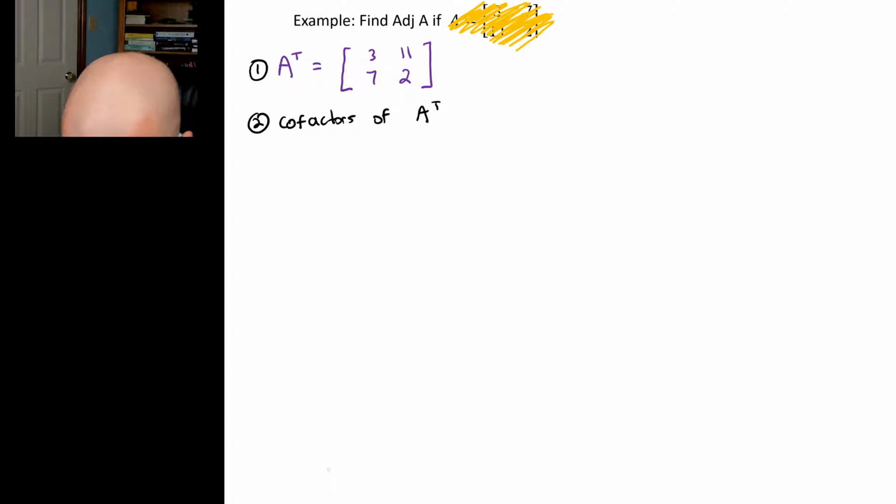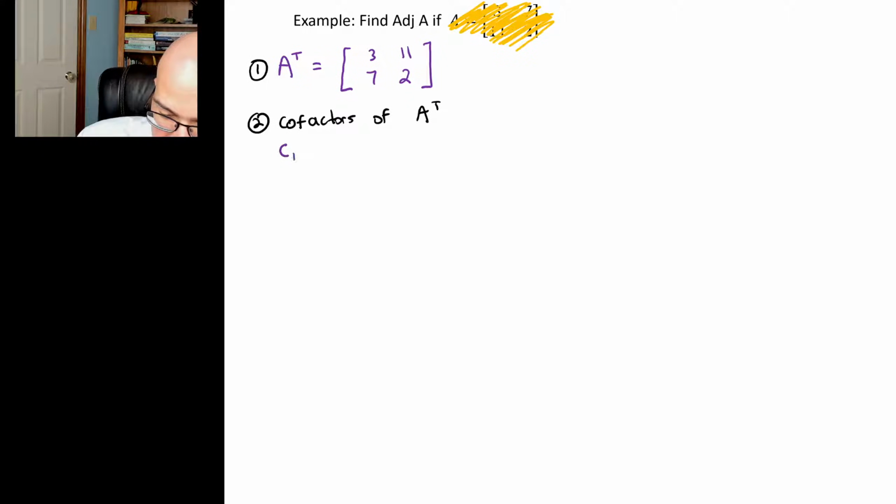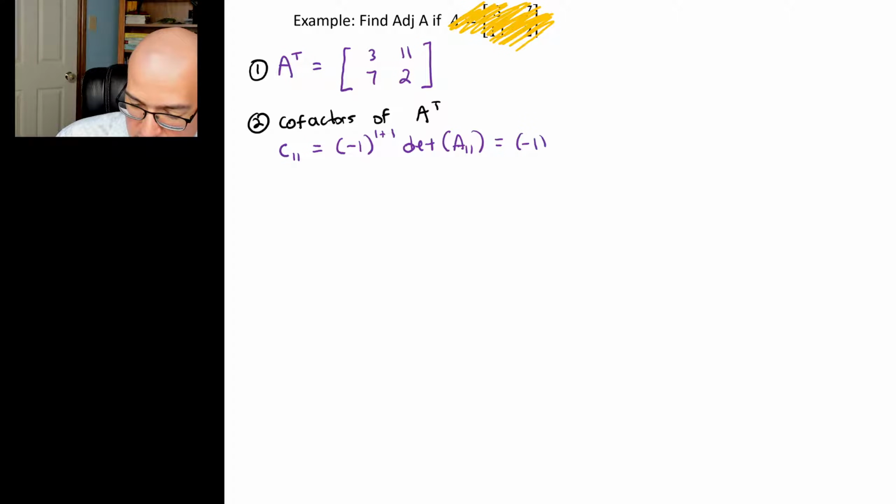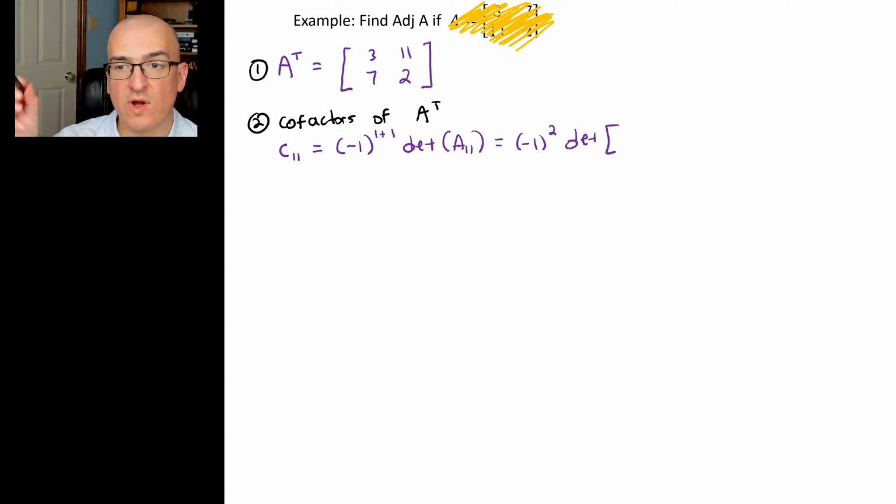So we have the cofactor C11. Recall our formula for cofactors: -1 to the power of i plus j, so -1 to the power of 1 plus 1, times the determinant of the submatrix A11. That's -1 squared times the determinant of, when we eliminate row 1, column 1, just 2.